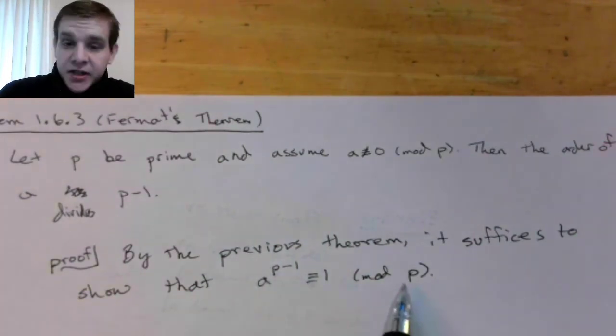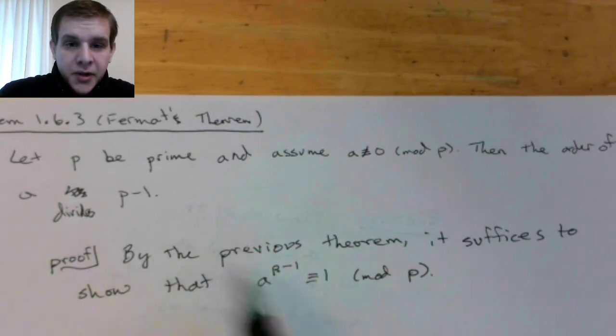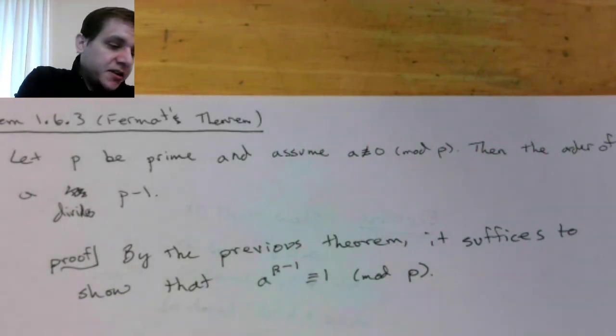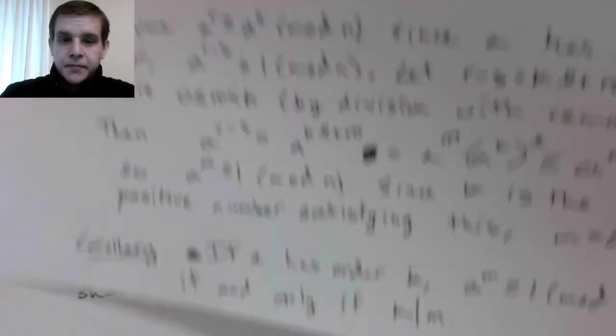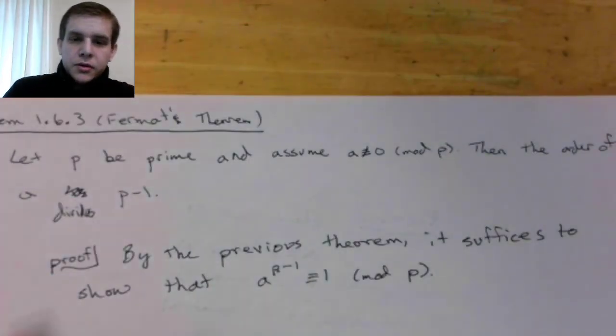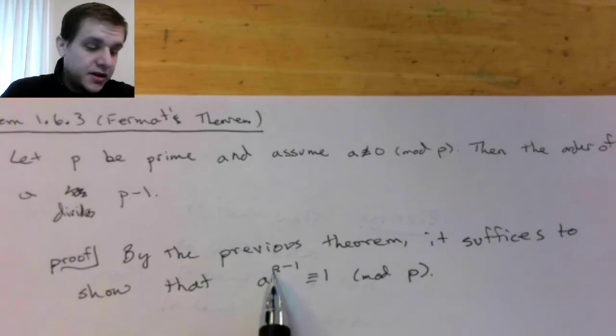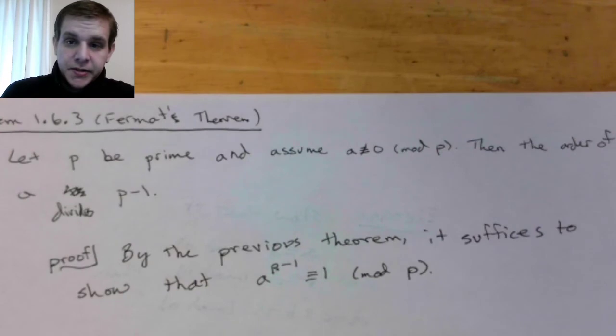Because if I show this, then I know that p minus 1 has to be divisible by the order. That's exactly the corollary that I just wrote. So if I can show this, then I get the result.